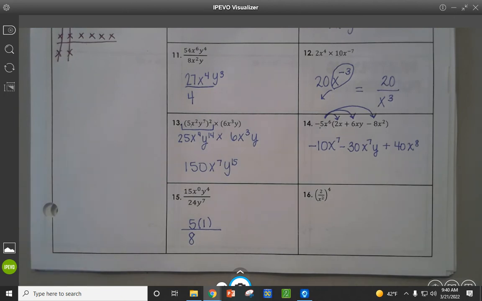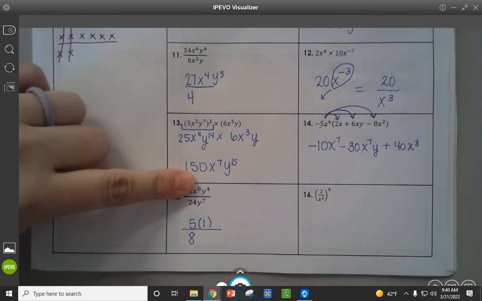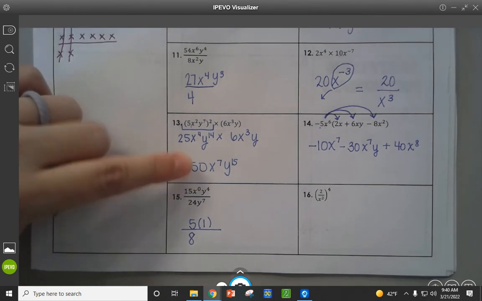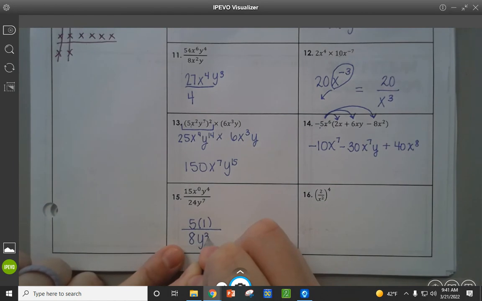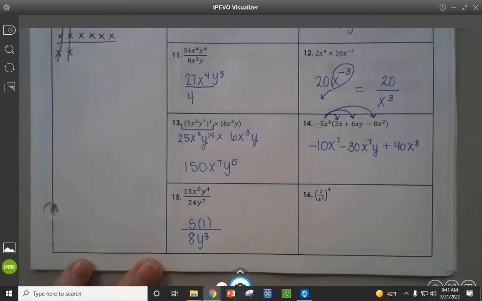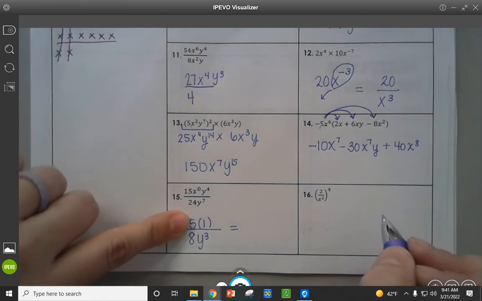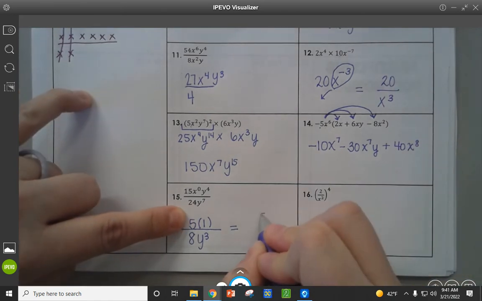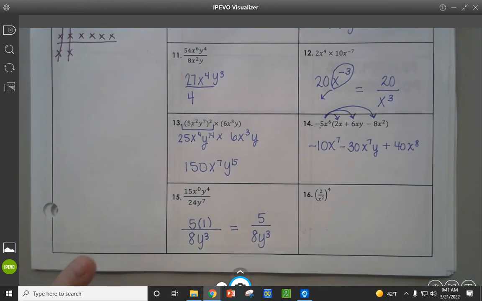And then the y's. I have 4 y's on top, 7 y's on bottom. You have 3 y's on bottom. When I cancel out, I'm left with y to the third on the bottom. And so this, what's 5 times 1? 5. So it's just 5 over 8y cubed.